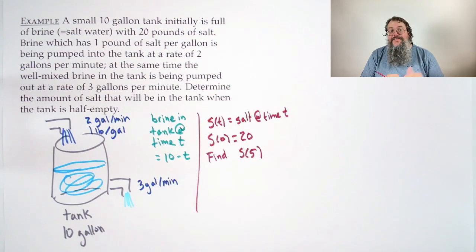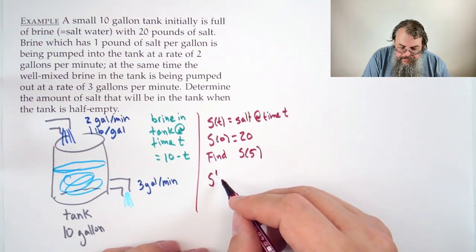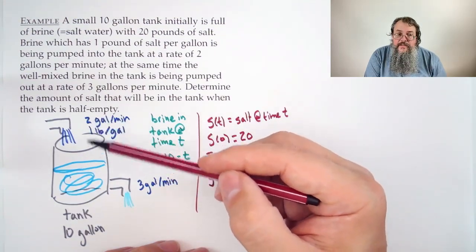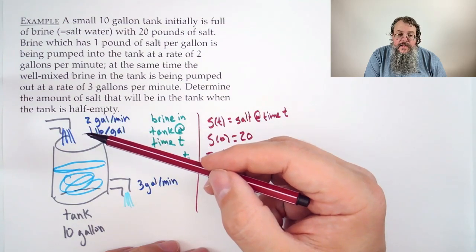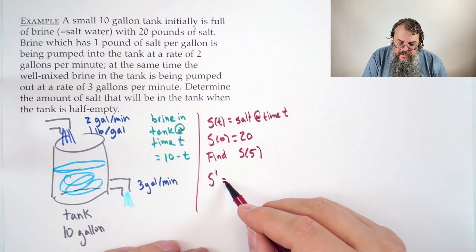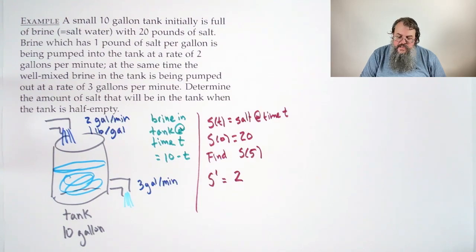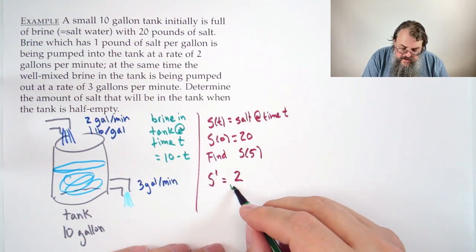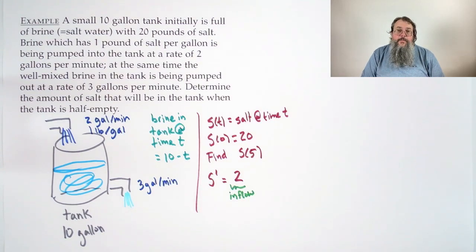The last thing is what's happening to the salt. So how is the salt changing, S prime? Well, salt is coming in. We know how many gallons are coming in each minute, and we know how many pounds of salt there is in each gallon. So the inflow is 2. This is the salt being added. From that, we also need to take the salt that's being removed.